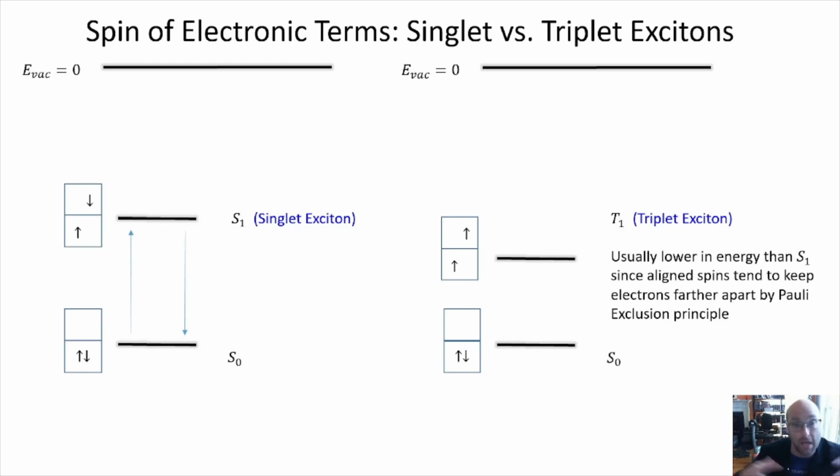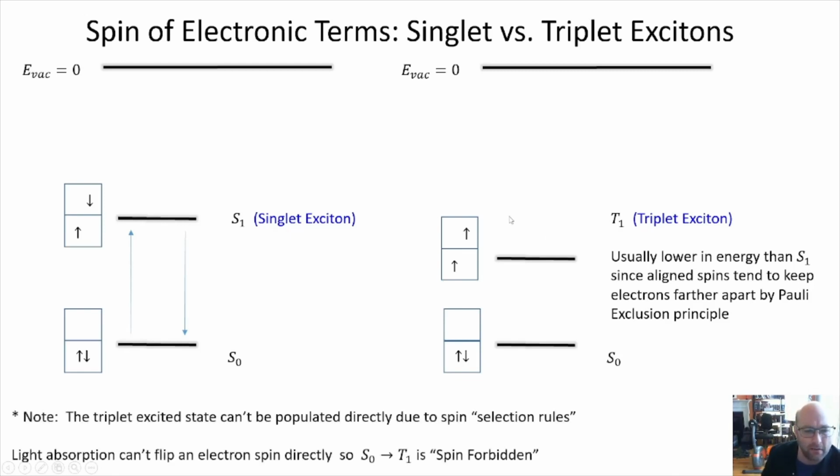So we're expanding our zoology all the time. Typically, the triplet is going to be lower in energy than the singlet. And that's because when spins are aligned, the electrons, on average, can be farther apart. This is just another way of saying the Pauli exclusion principle. And so that means less electron-electron repulsion in this excited state, and so typically a lower energy.